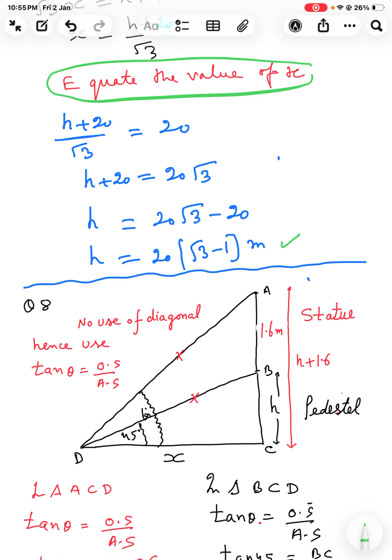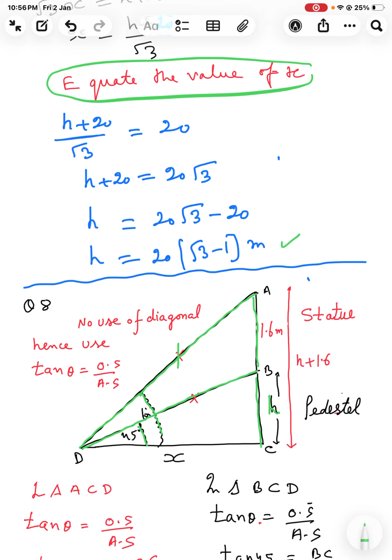In question number 8, a 1.6 meter statue is fixed on a pedestal. Find the height of the pedestal. The angle of elevation from this point to the top of the statue is 60 degrees, and the angle of elevation from this point to the bottom of the statue is 45 degrees.